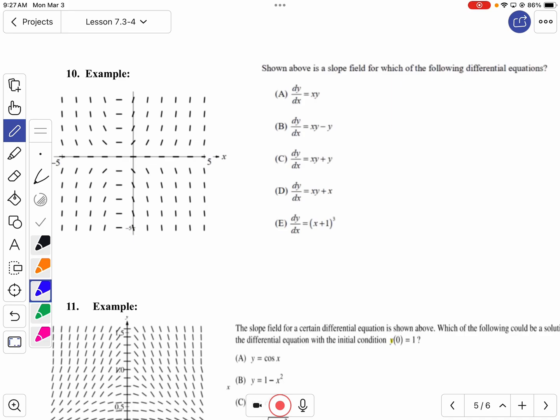What are some strategies we could use to try to figure it out multiple choice wise? Like, we don't have time to do every differential equation that's up there. So what could we do?